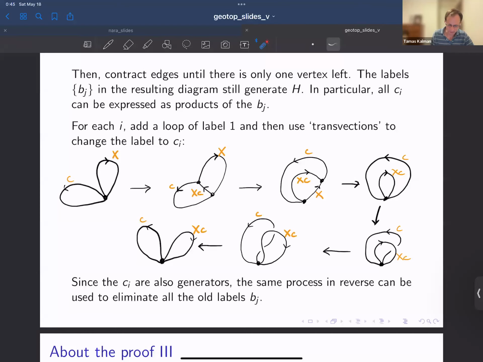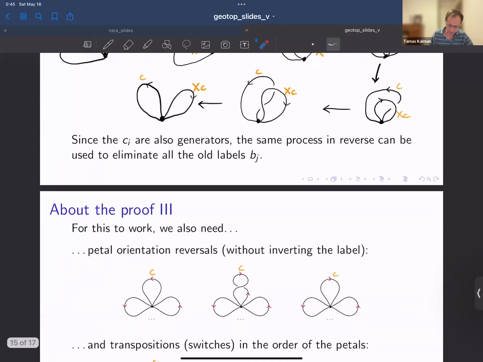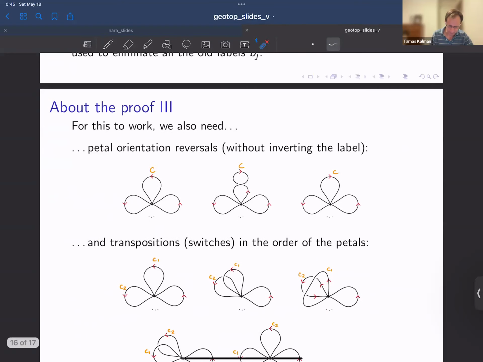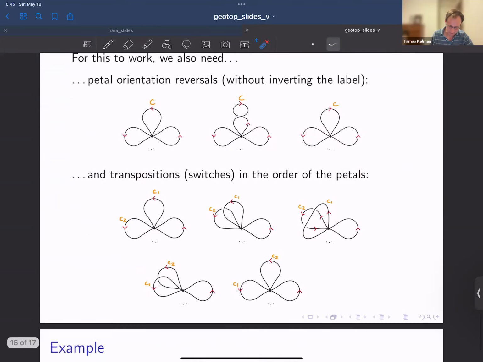I don't know how close attention you have paid. I'm kind of cheating here, but let me not go into those details because they're maybe not that exciting. So yeah, here are all the little details that I skipped.